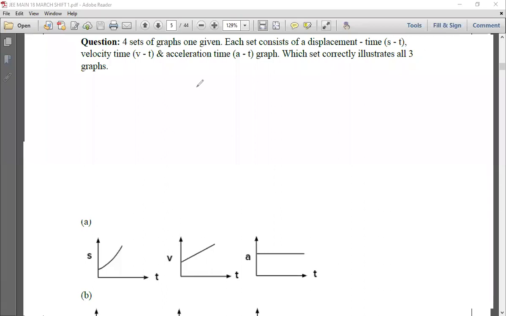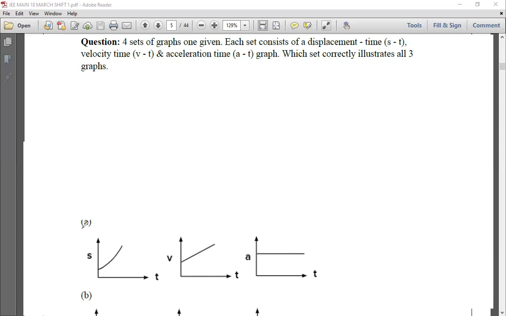So see here, this is the next question. 4 sets of graphs are given. Each set consists of a displacement-time, velocity-time and acceleration-time graph. Which set correctly illustrates all three graphs? We know S is equal to half a t square, means S is proportional to t square. So velocity is proportional to t, so the slope should not be 0, and the acceleration is constant.